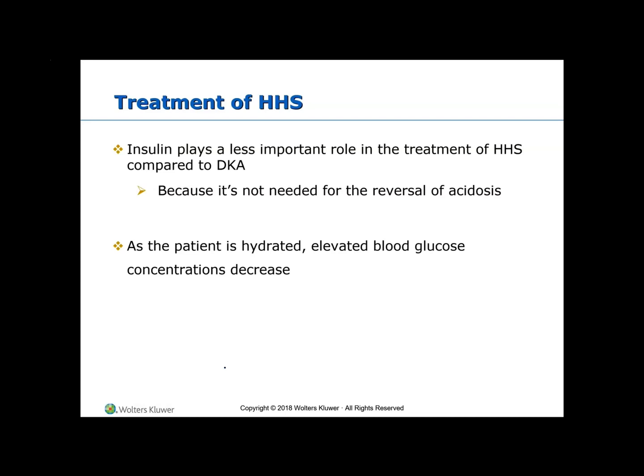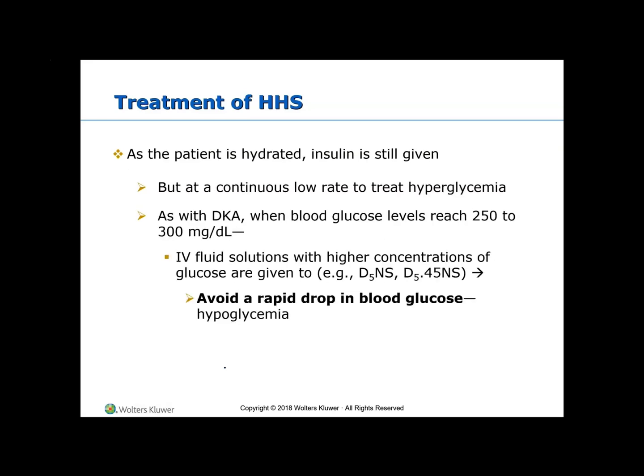A lot of times it's about getting them over whatever illness is causing the increase in glucose. If the patient is dehydrated, insulin is still given, but at a continuous low rate to treat hyperglycemia. As in DKA, when blood glucose levels reach 250 to 300, you're still trying to avoid a rapid drop in blood sugars.